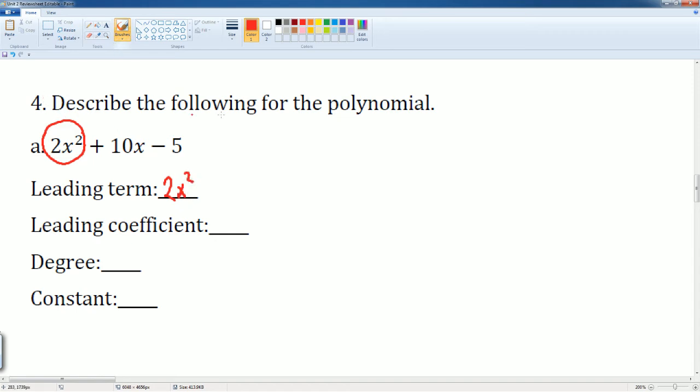The leading coefficient is only the number in front. So the leading term is 2x squared because that's the entire thing. The leading coefficient is just this number. So it's only the number in front. Get it? Leading term is the entire thing. Leading coefficient is just the number.